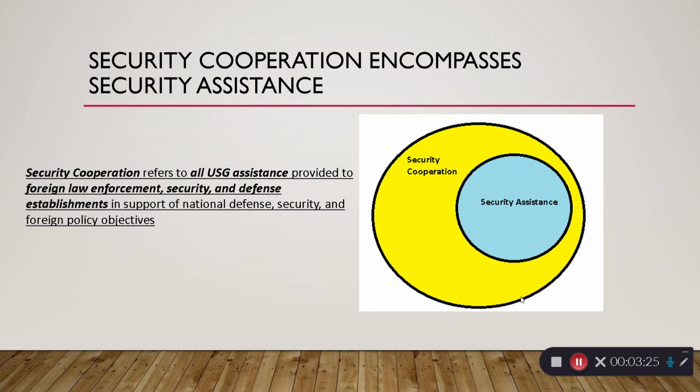Sometimes security cooperation can encompass security assistance. In the topicality file, for example, there's a piece of evidence that says that security cooperation refers to all U.S. government assistance provided to foreign law enforcement, security, and defense establishments in support of national defense, security, and foreign policy objectives, which arguably means that security cooperation is the umbrella term.